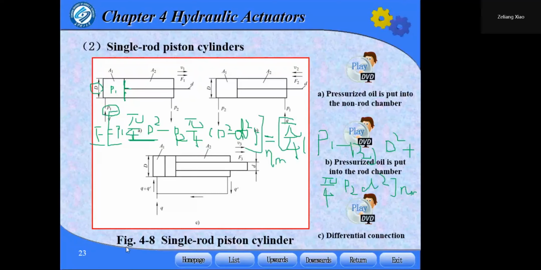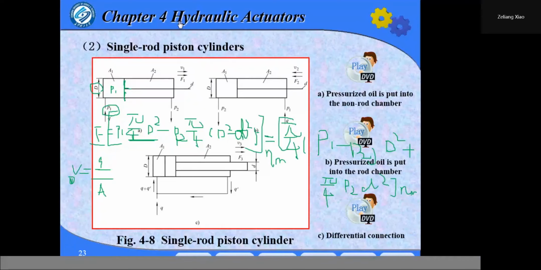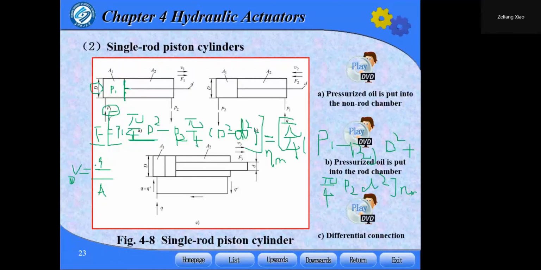We can also get the velocity by the flow rate divided by the area. We want the area A1.